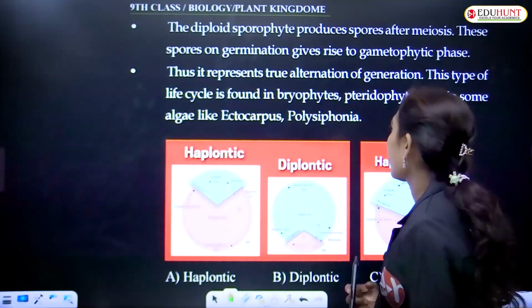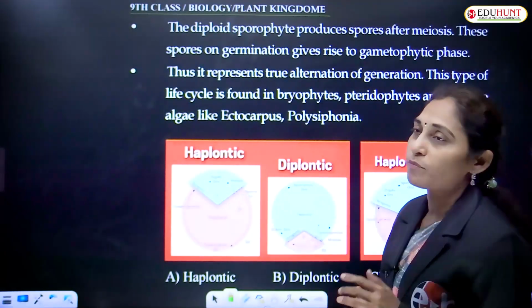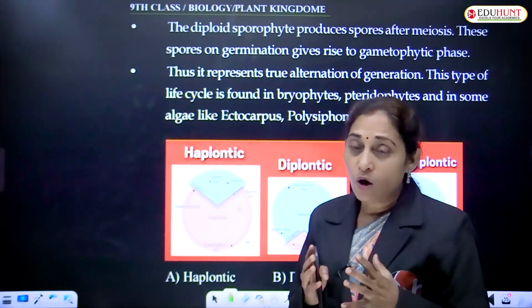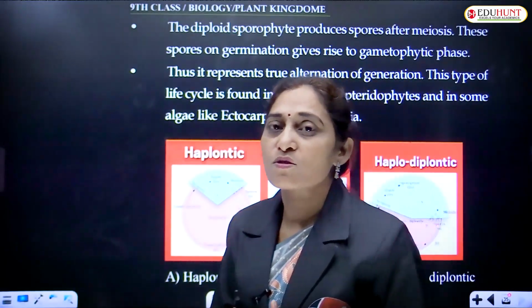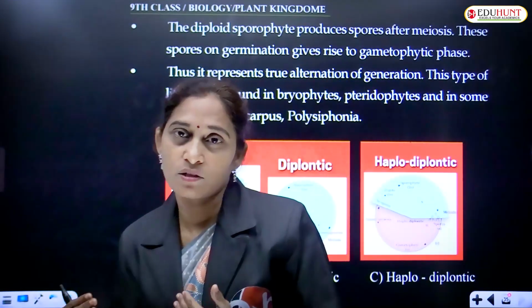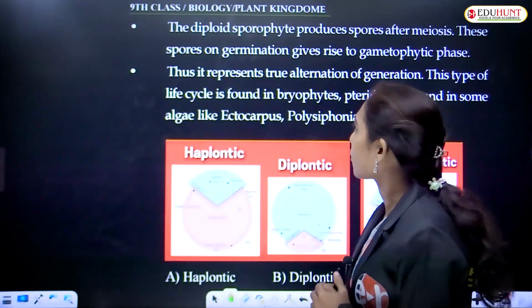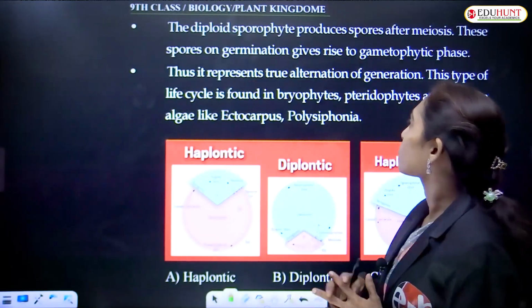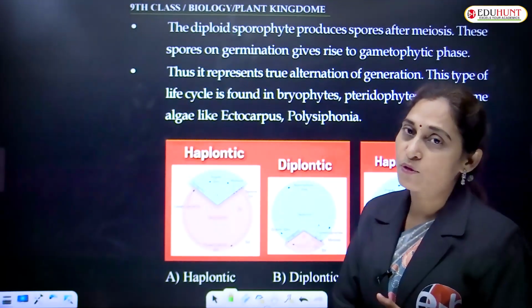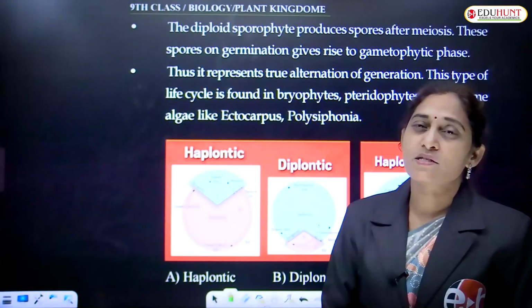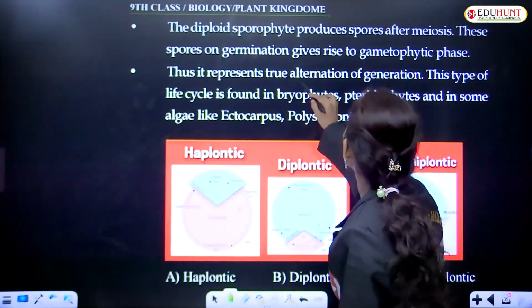The diploid sporophyte produces spores by meiosis, and these spores on germination give rise to the haploid gametophyte, and thus it represents a true alternation of generation.